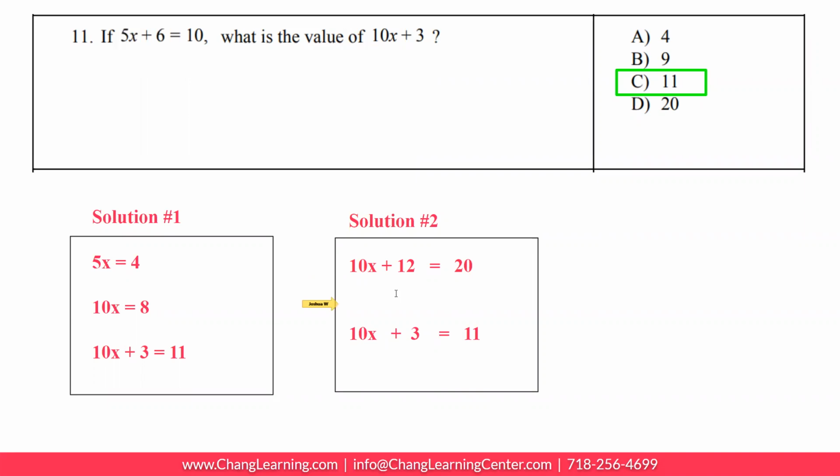And then we do minus 9 on the left and minus 9 on the right. You see that we have the equivalent answer, 10x plus 3 equals 11, because 20 minus 9 is 11.